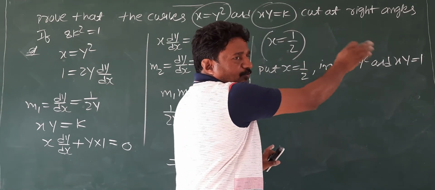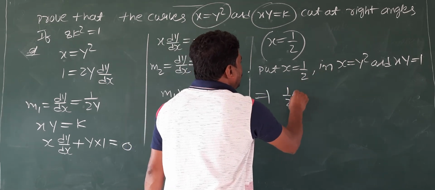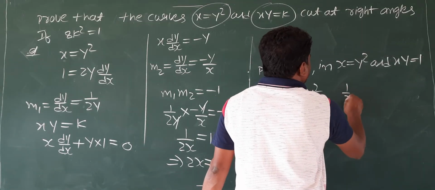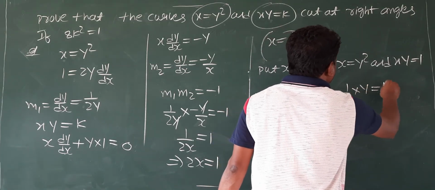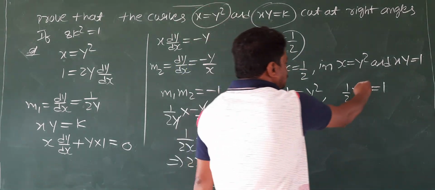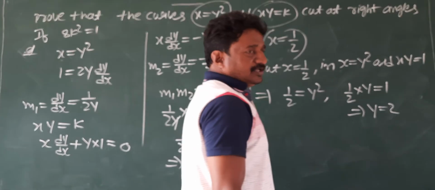You put the x value in both. So 1 by 2 is equal to y square. And 1 by 2 into y is equal to 1. So how much is y from this? y is equal to 2.